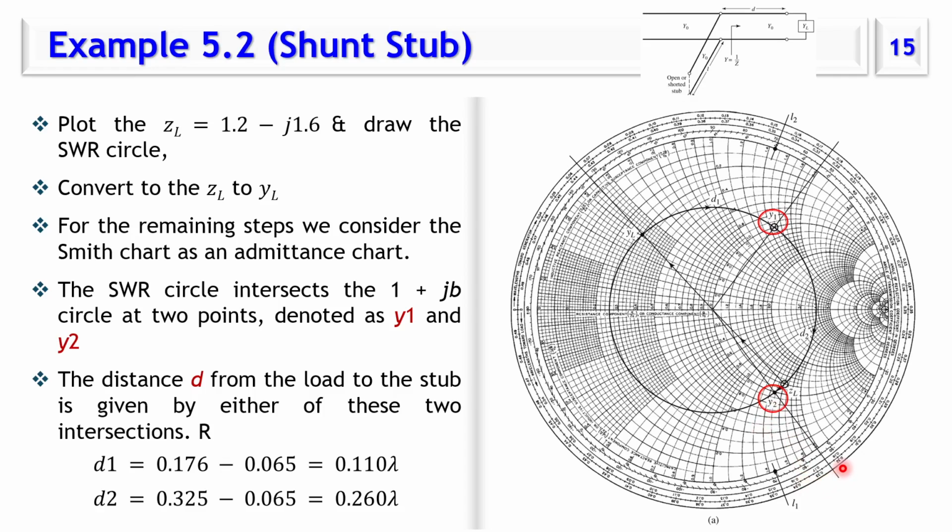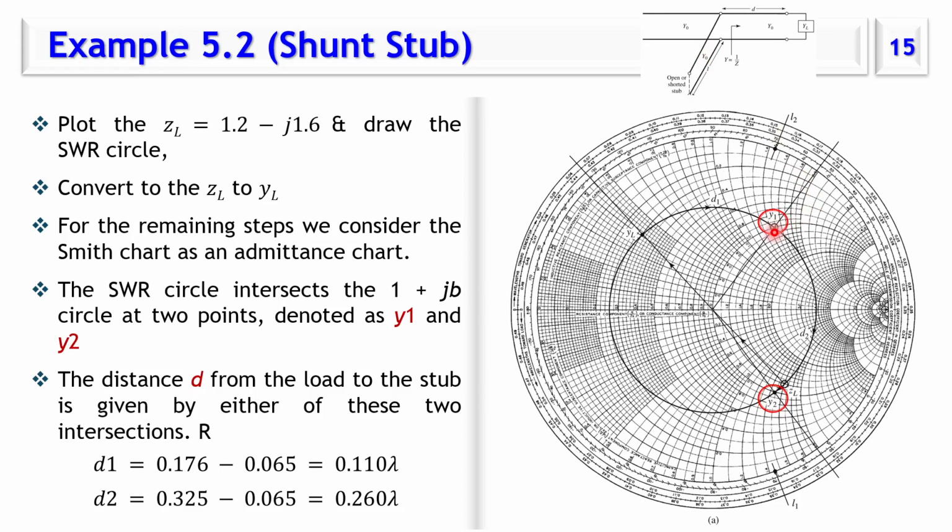0.325. So either we go for 0.11 lambda to this point, or going to 0.26 lambda to this point. Okay, so now at this point where we're going to put the stub is at this point or that point. So how much admittance do we need from the stub?